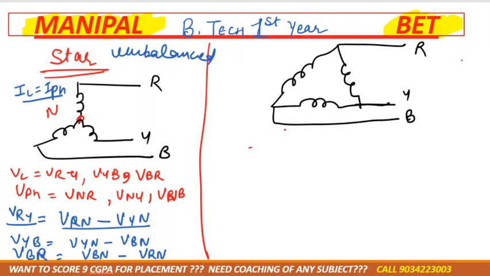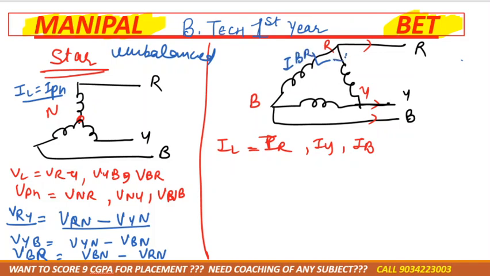So the line currents are IR, IY and IB, right? I'm marking the current like this: IR is here, Y is here and B is here. The current between R and B is IRB or IBR, the current between R and Y is IRY, and the current between B and Y is IBY.